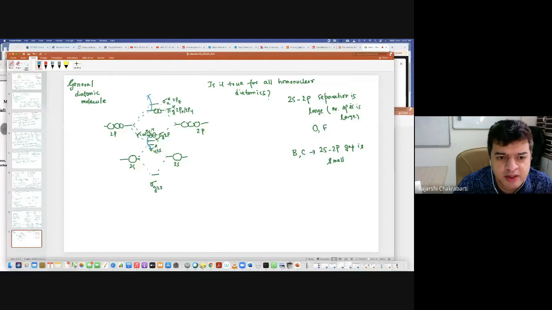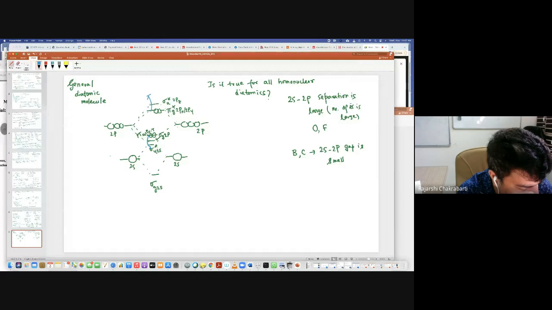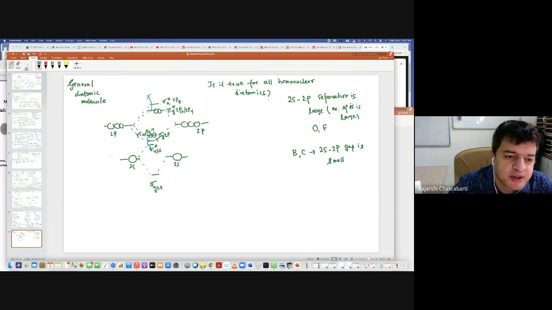Sigma g and pi. What happens? This is true when the 2s 2p separation is large. So this is true for oxygen or fluorine. But now I'm considering smaller diatomics. There the 2s 2p separation is small.